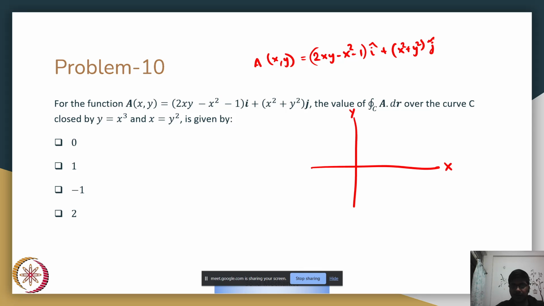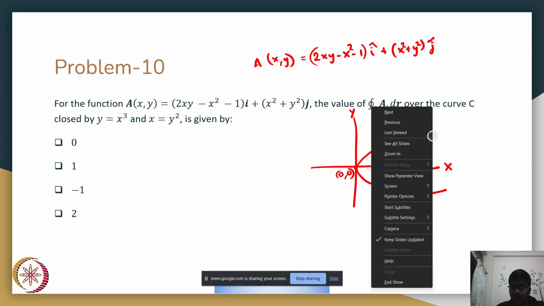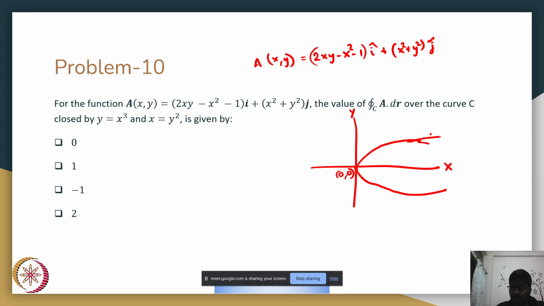So in the xy axis, if I draw it, both the curves do pass through 0, 0, and x equal to y square would look something like this. Sorry, this should be going like this.